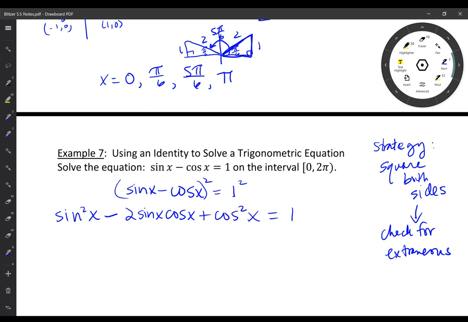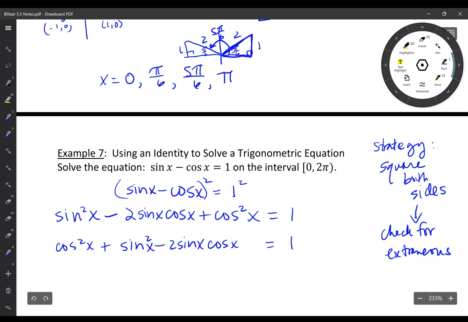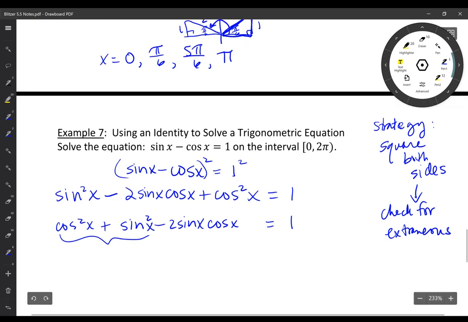And now I know that identity is cosine squared plus sine squared equals 1. So I'm going to put them next to each other and reorder them. And now I can go ahead and substitute 1 in for these two using that Pythagorean identity.